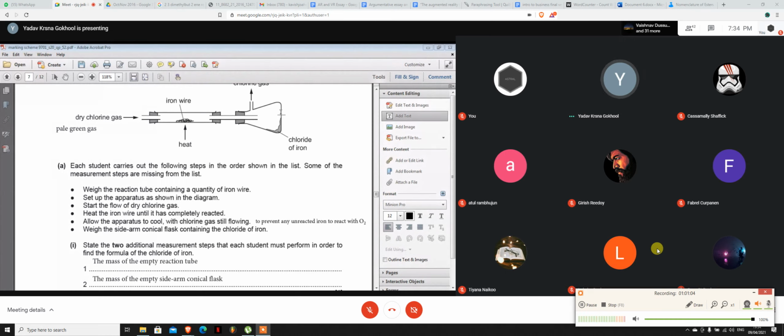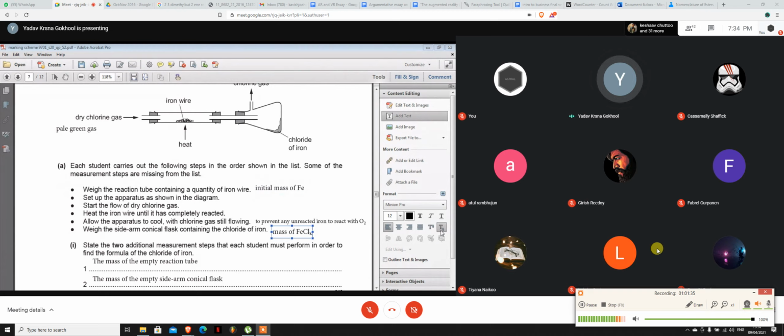So in fact, we are going to see the change in the mass. Here we have the initial mass of Fe. Here we have the mass of FeCl_x. We call it X.